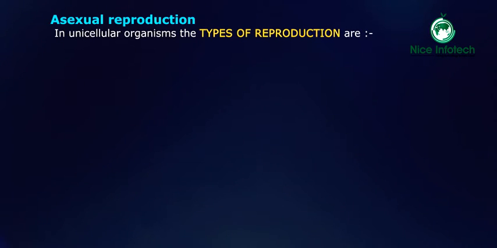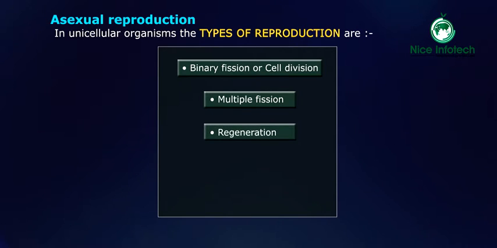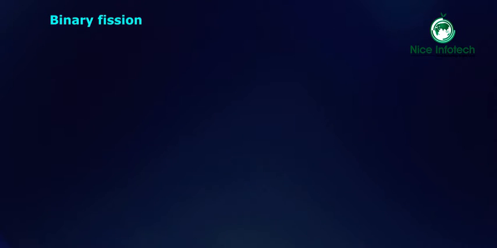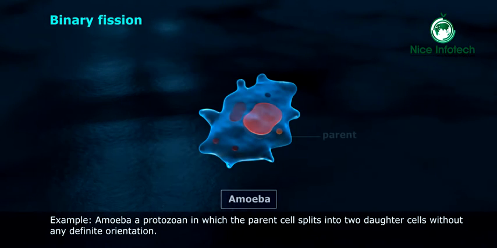In unicellular organisms, the types of reproduction are binary fission or cell division, multiple fission, regeneration, budding, spore formation. Binary fission. In binary fission, the parent cell splits into two equal halves.